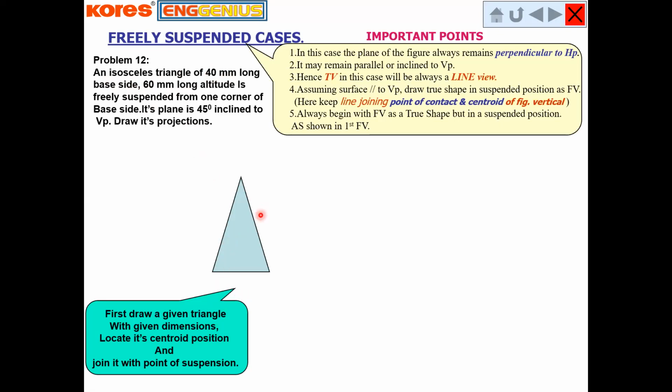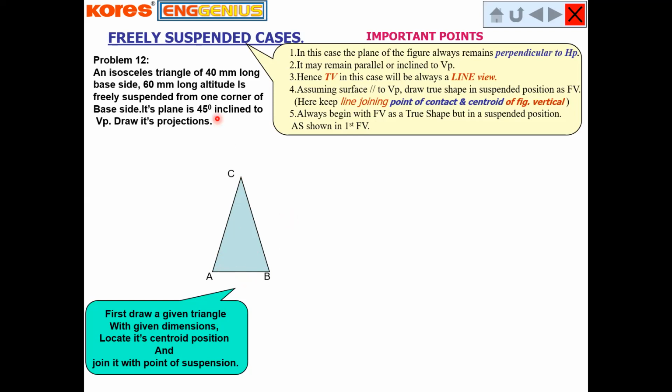We draw one baseline of 40 mm, find the midpoint, draw the altitude at 60 mm, mark the point and join it with the end points of the base, and complete the isosceles triangle. 60 mm altitude and 40 mm base. Clear?